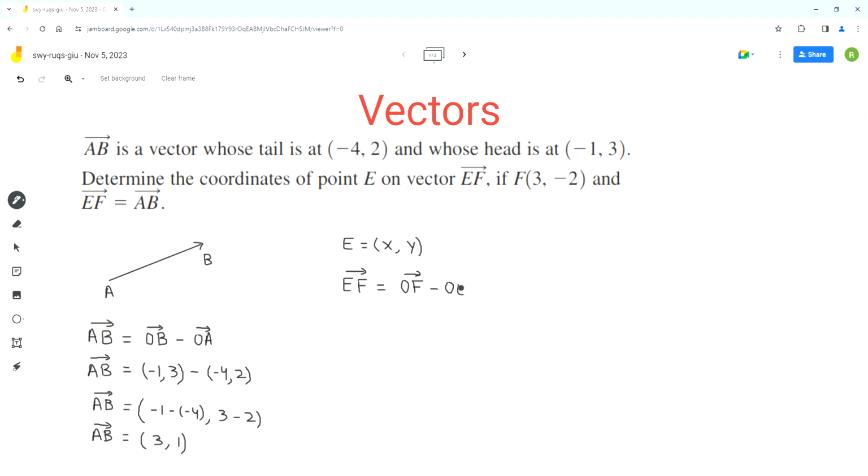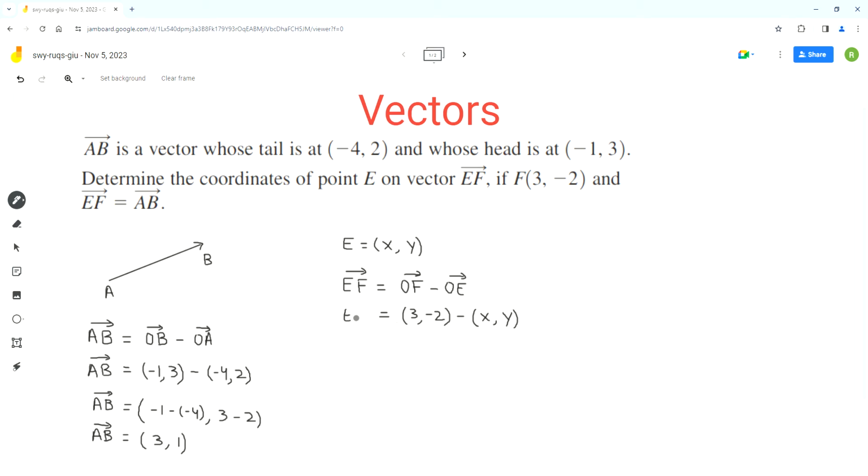Because when we write vector EF, E is the tail of the vector and F is the head of the vector. So now we can use the given point F, which is (3, -2), minus the position vector for OE, which will be just the point E, so (x, y).